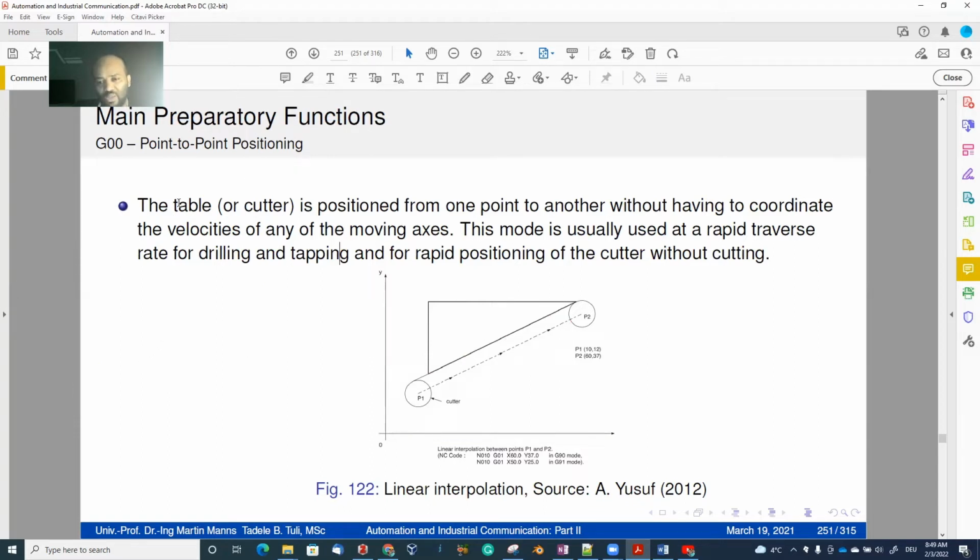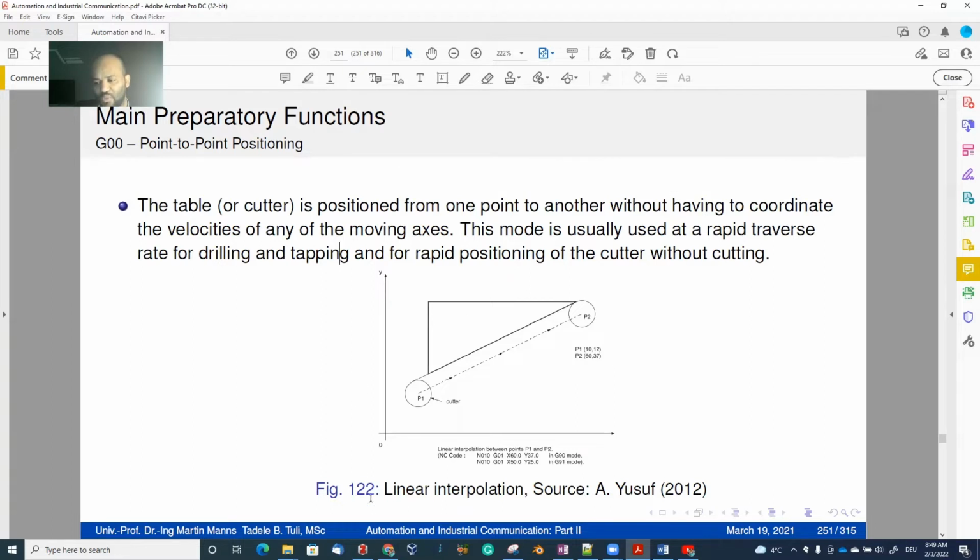The other is whenever we talk about rapid positioning. Those are the three things that are very important for us. The others are not that difficult. The difficult parts are these three: G00, G01, and G02 or G03. Actually, they follow the same thing.